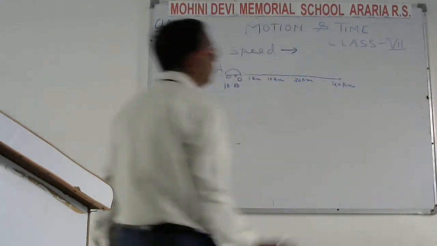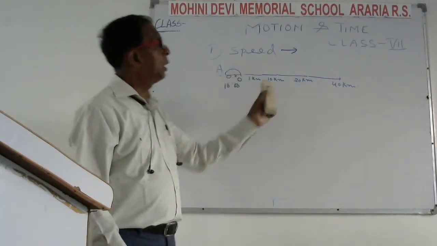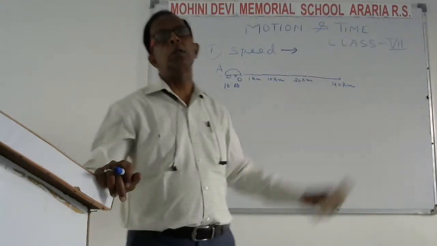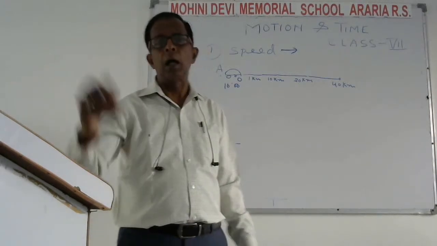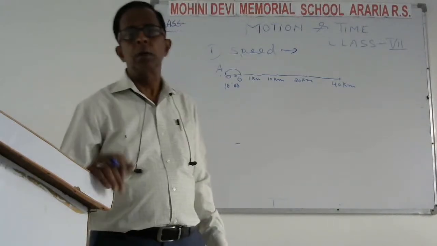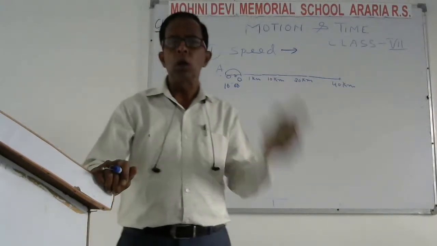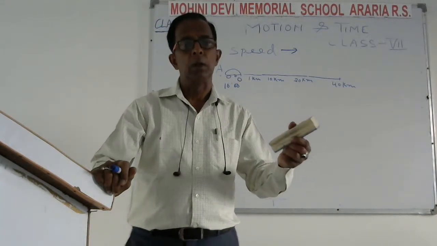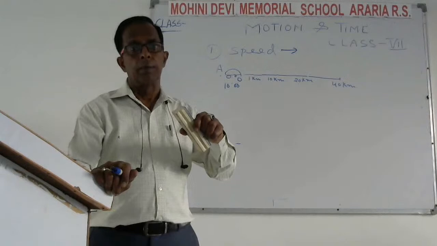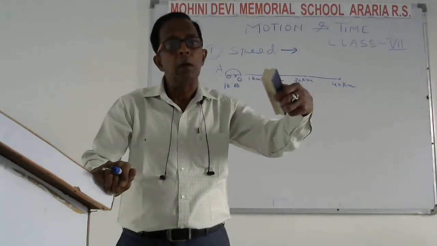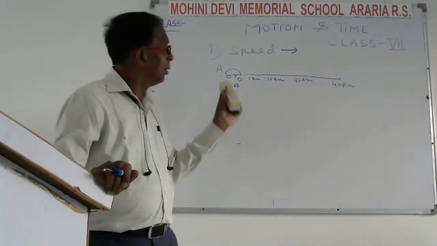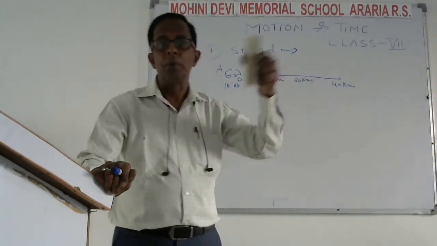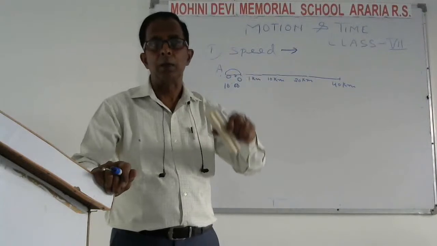It takes some time to reach 40 kilometers per hour. At one chance, any bike or automobile cannot take the speed as you like. It takes some time, so you are giving the average speed of the bike.